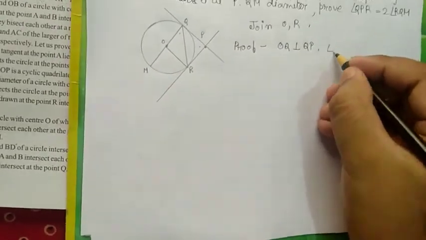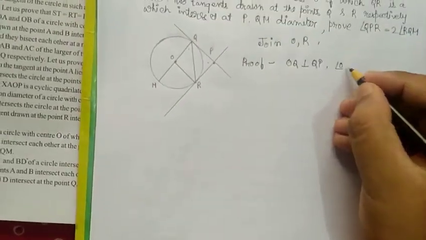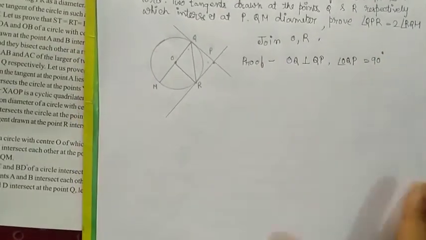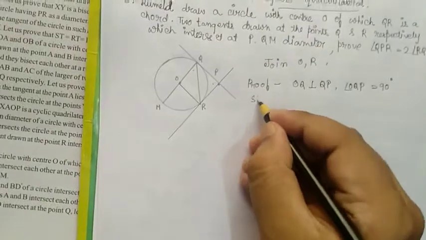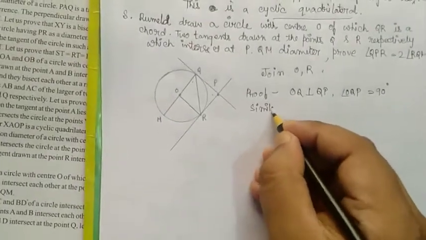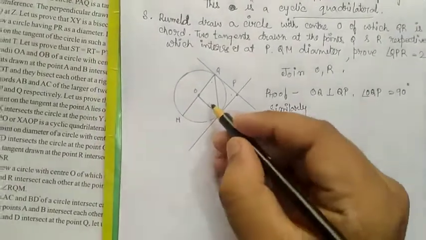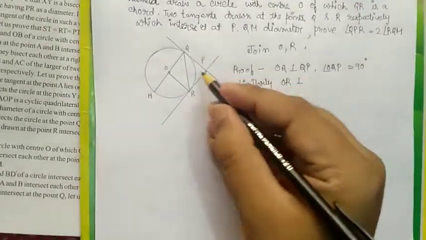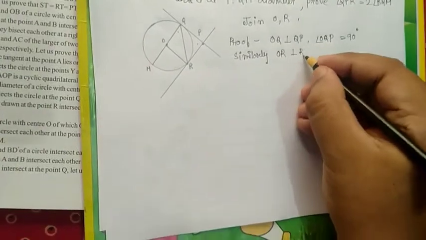So angle OQP equals 90 degrees, and similarly OR is perpendicular to RP.